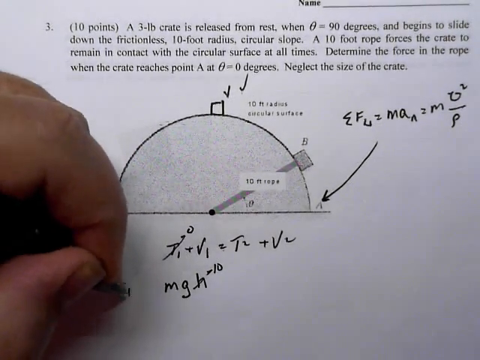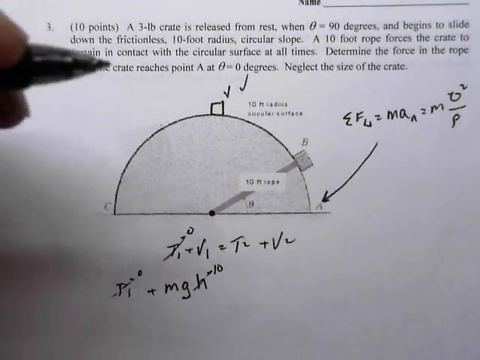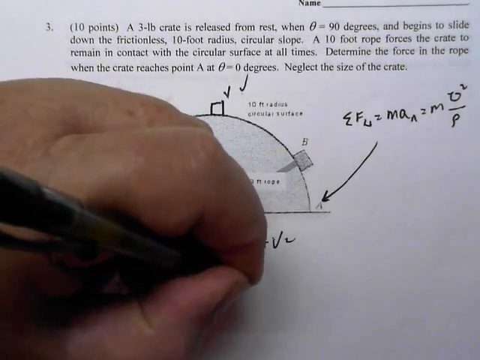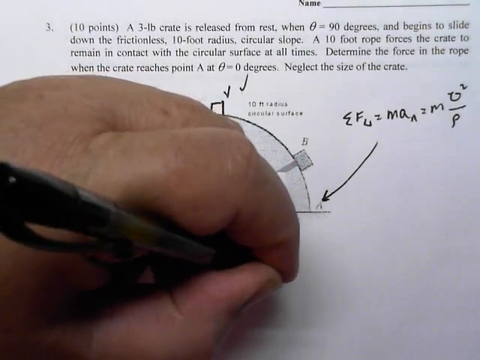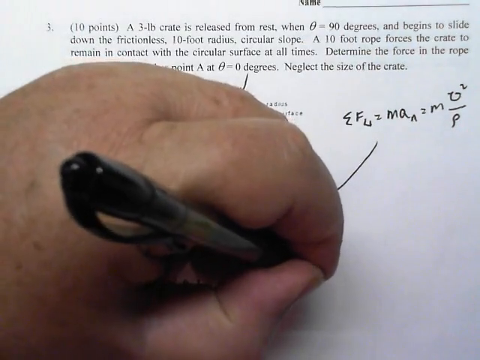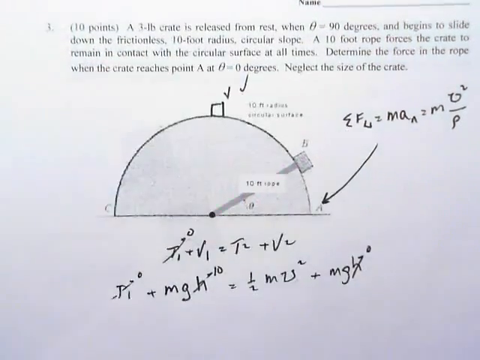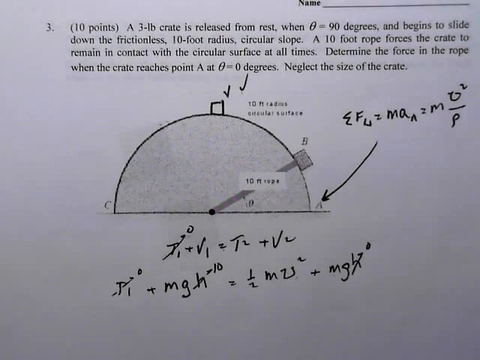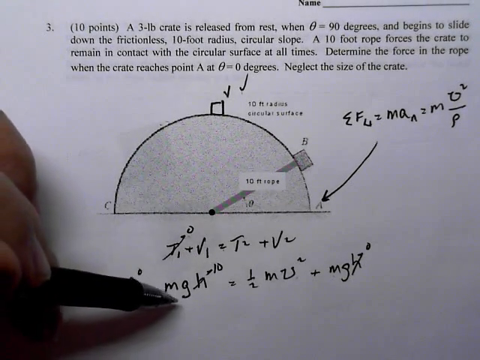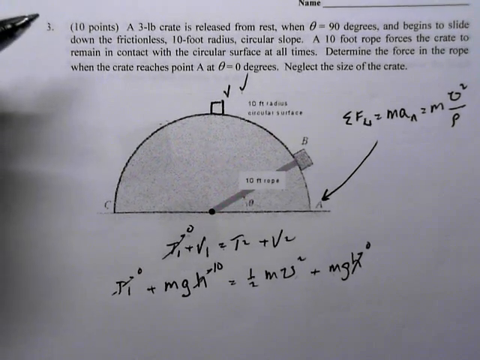T1 is 0 plus mgh is equal to 1/2 m v squared plus mgh, but that h is equal to 0. And so we have our initial mgh becoming 1/2 m v squared.